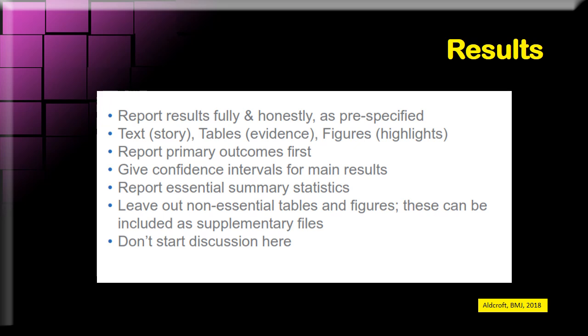You must focus on the primary outcome, give confidence intervals for the main results. It's another way of expressing the so-called p-value. Then you have to report essential summary of the statistics. And you can't make the results section too long by including too many tables. In fact, many journals put a moratorium, give you a rule as to how many tables and figures you can use in an article.